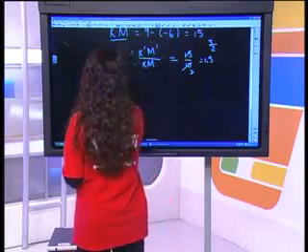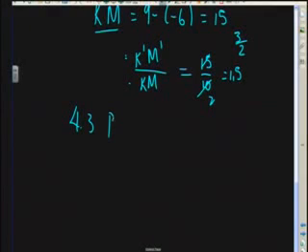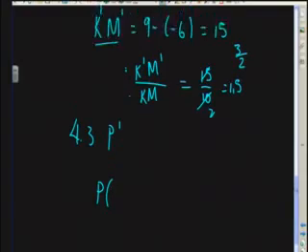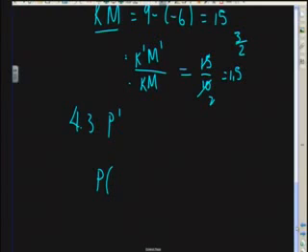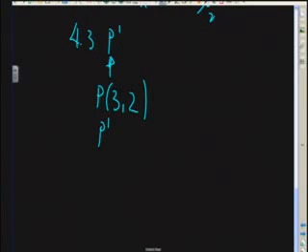Right, and this is now 4.3. We're looking for P prime. We were given that the original coordinates of P were (3, 2). So to get to P prime, all we've got to do is times by a factor of enlargement of 3 over 2. So it's going to be 3 over 2 times 3, and then 3 over 2 times 2.